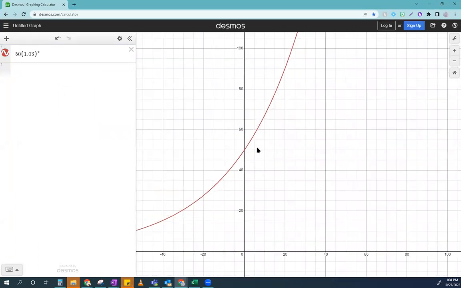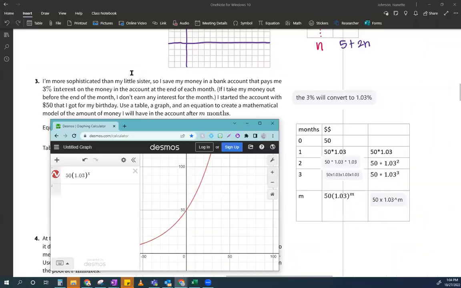So what does this actually mean? Let's go back to context so we're all on the same page. We were talking about money. Right here, this y-intercept, 0, 50, what does that mean in the context?